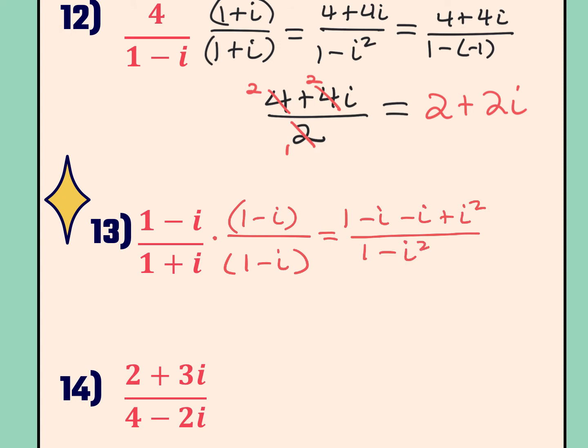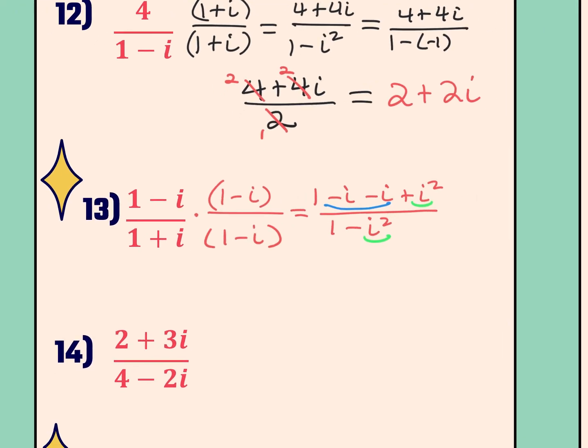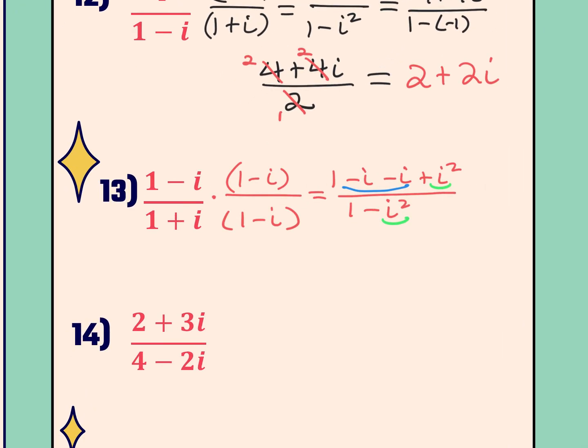And now I'm going to replace my i squareds and combine my like terms. So these two can be combined. And then I'm going to replace the i squareds with negative 1s. So I end up with 1 minus 2i. And then I replace the i squared with negative 1.